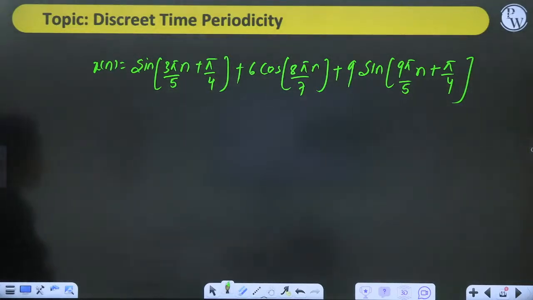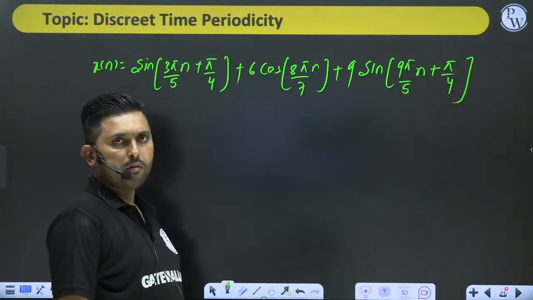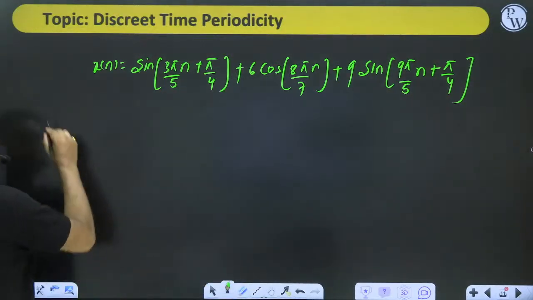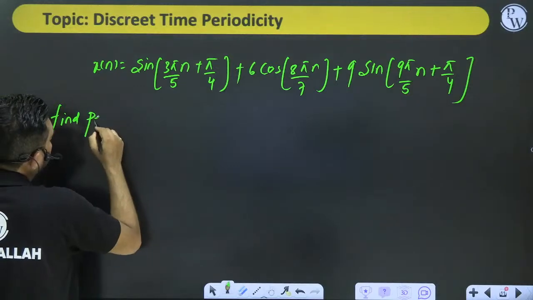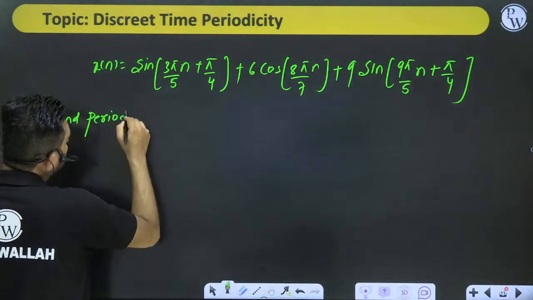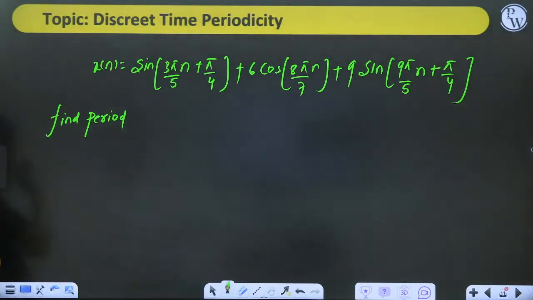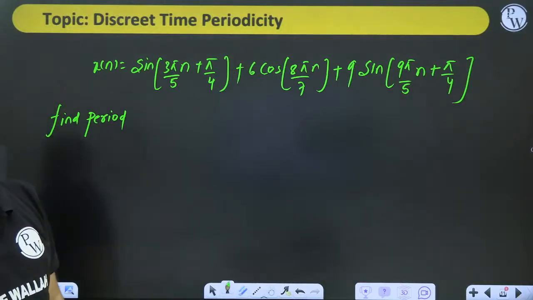Yes, I am giving you the example. Suppose someone asks you to find the period. Let's find out the period of this function.